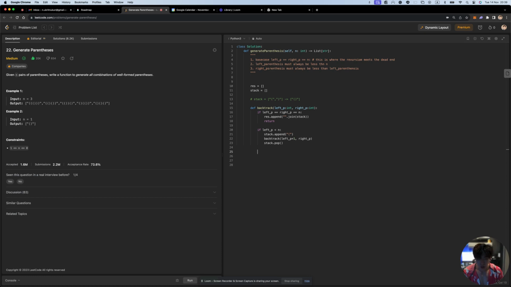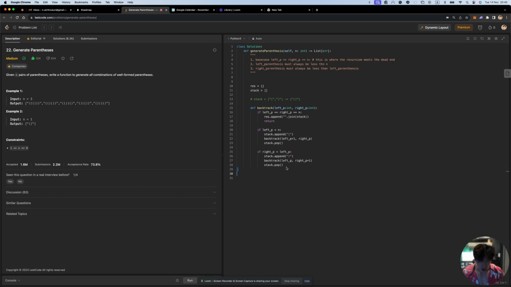After that we want to do if right parenthesis is less than left parenthesis, following these conditions. We want to do the same, but here stack.append the close bracket, and right plus 1.